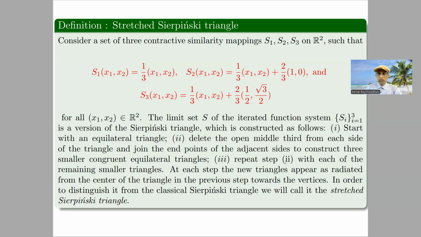Repeat step 2 with each of the remaining smaller triangles. At each step, the new triangles appear as radiated from the center of the triangle in the previous step towards the vertices. In order to distinguish it from the classical Sierpinski triangle, we will call it the stressed Sierpinski triangle.